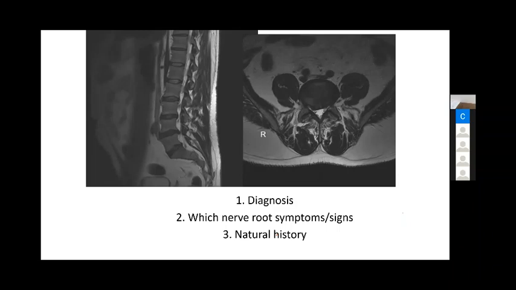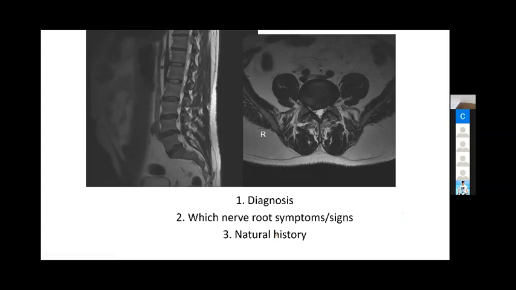What do you see? Is it a T2 or T1 MRI? It's a T2 image, sir. Is there anything abnormal you can see? There is an L4-L5 disc bulge, disc protrusion.